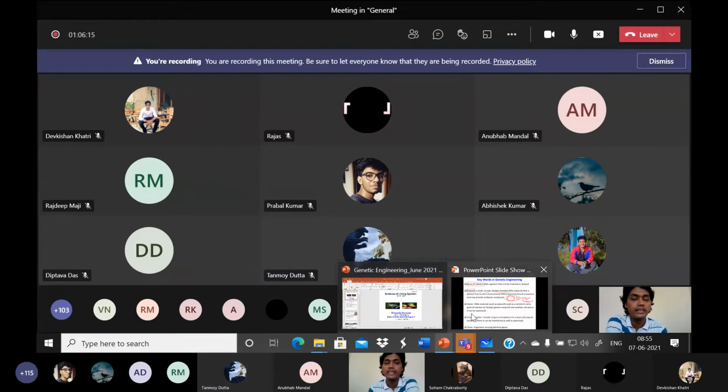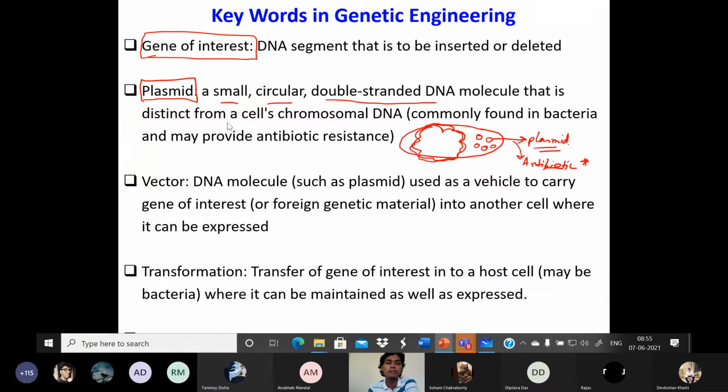So I told you about plasmid, and vector. In this case, the plasmid itself is also an example of a vector. At the very beginning today, I introduced that you have to send your gene of interest to E. coli in order to get your protein.